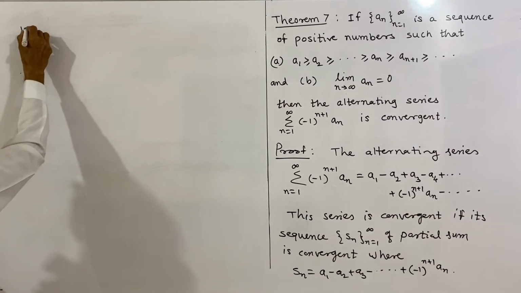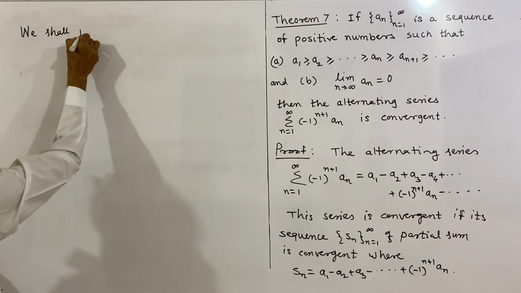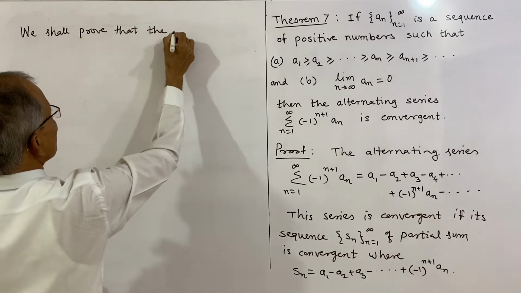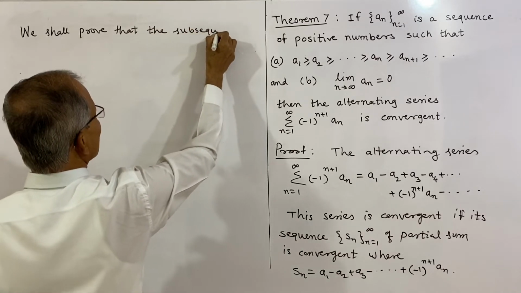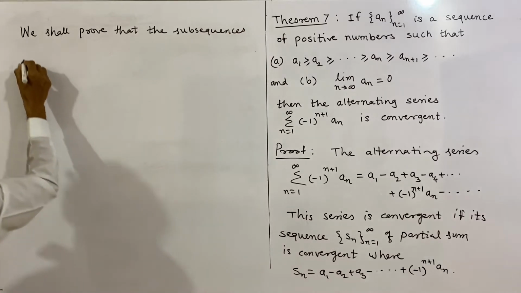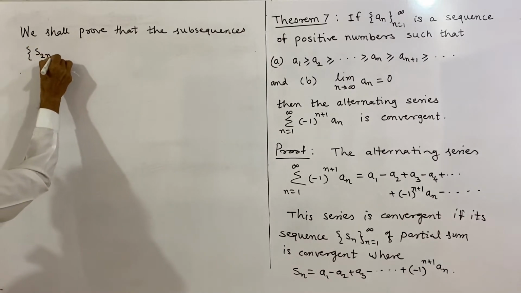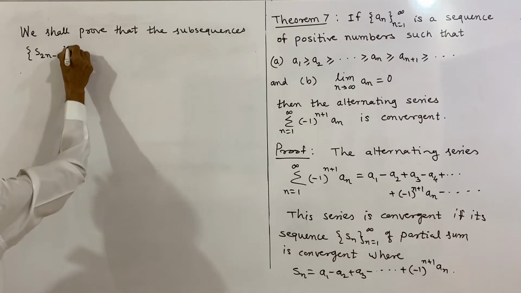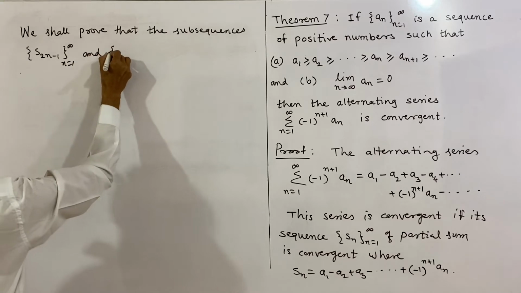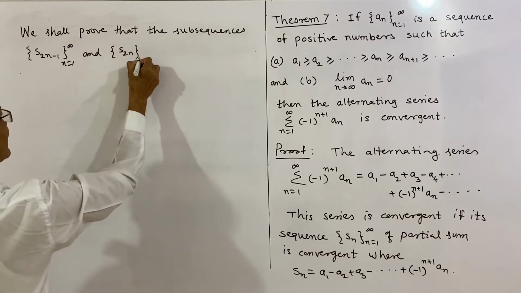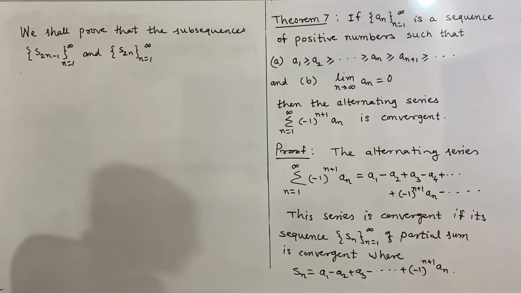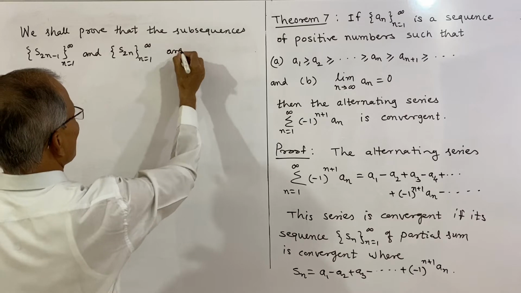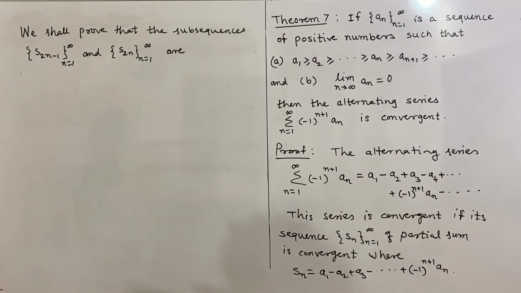So we shall prove that the subsequences S2n minus 1 with odd index, n takes value 1 to infinity, and even index S2n, n takes value 1 to infinity, of Sn will converge to the same limit.